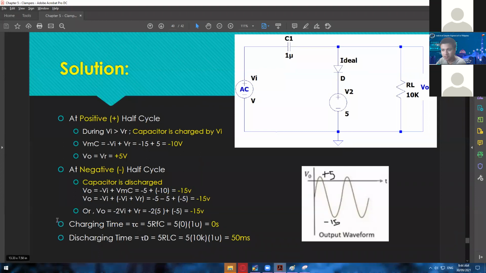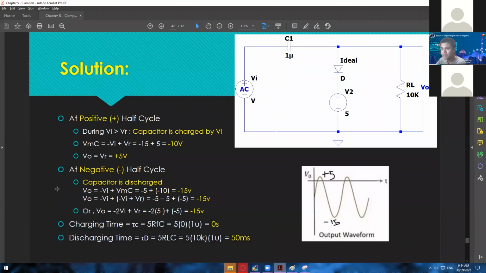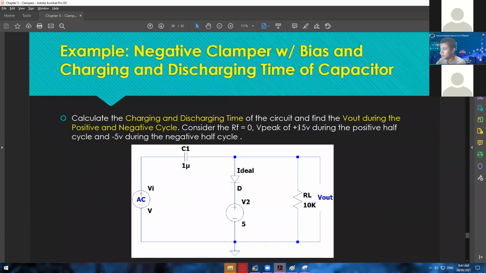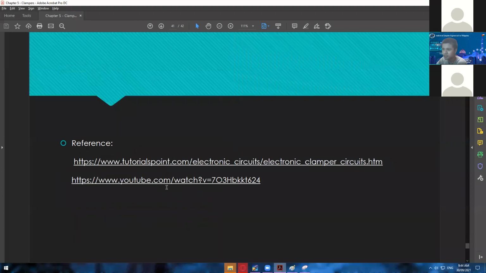The only additional one right here is this charging time and discharging time, plus the different values of our positive half cycle and then the negative half cycle. All right, so that's actually it for these clampers.